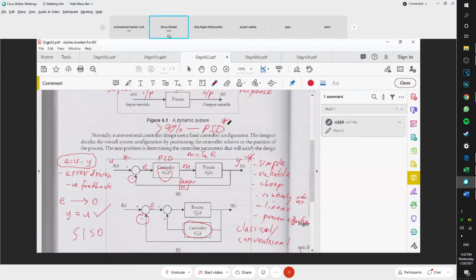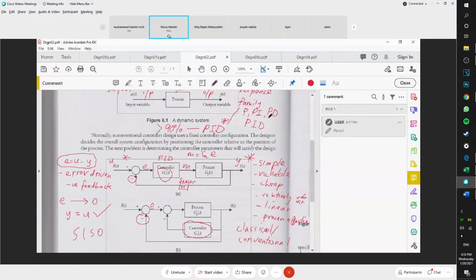So in literature, you will find that there is a family of PID controllers being extensively used. What are they? The first is P, proportional controller. Second is PI, proportional plus integral. The third is proportional plus derivative. Last but not least is proportional, integral, and derivative.